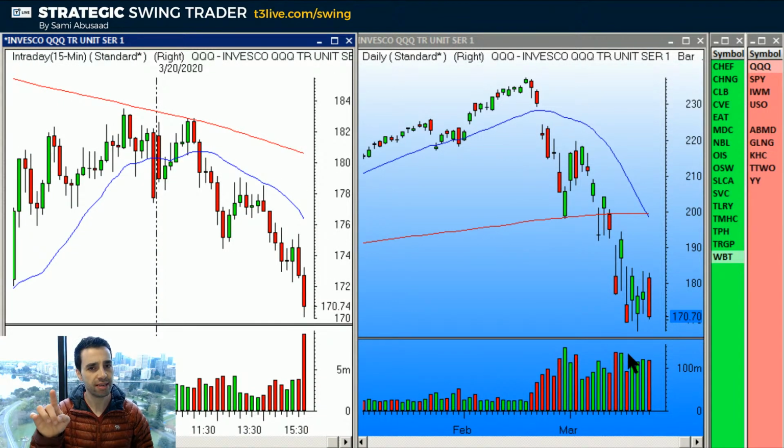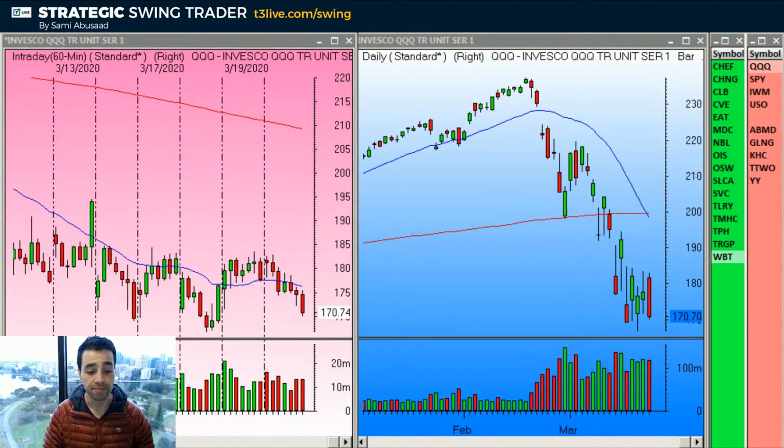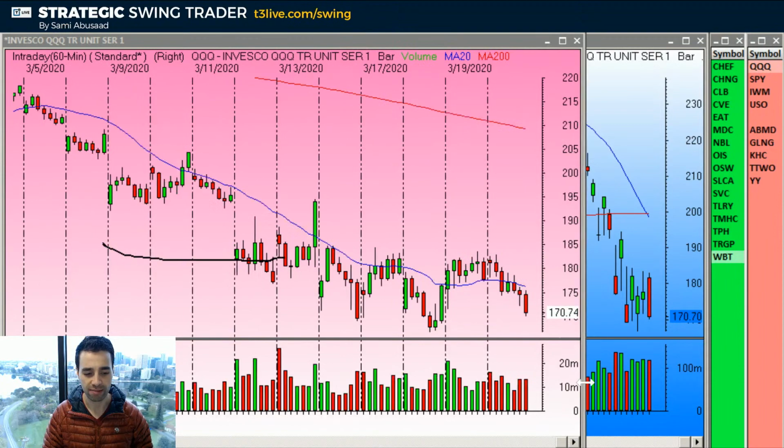So here's what you want to see on Monday. If we gap up over the base, then that should signal a short-term bottom. Without taking out this base, do not be looking for a bottom. I'm telling you from now, if we don't take this base out, don't be looking for a bottom. Check it out.